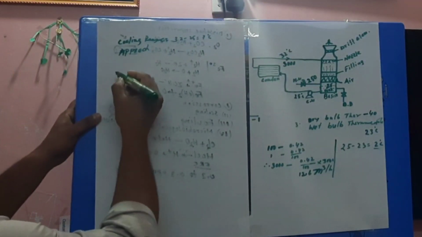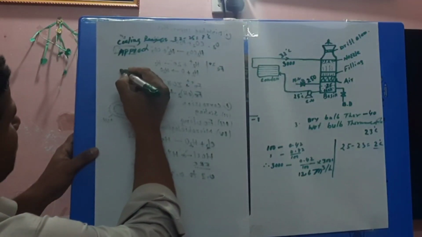So the third one is efficiency. What is called efficiency? I will give an explanation about efficiency.